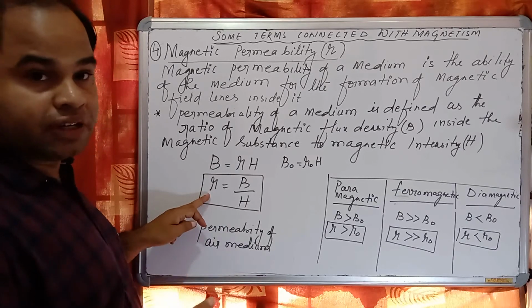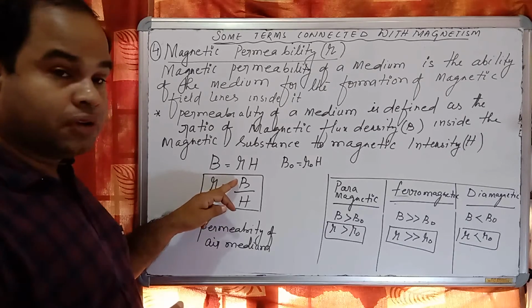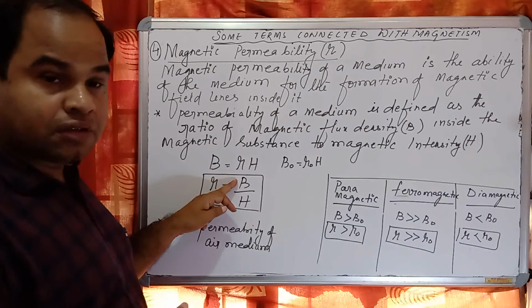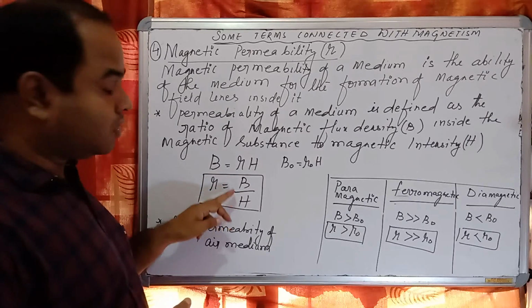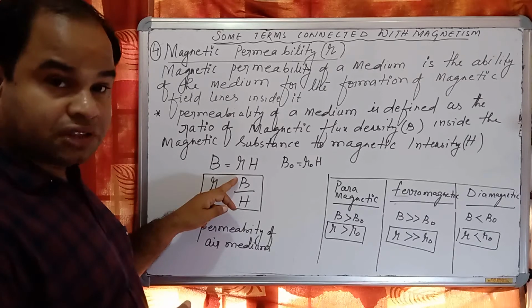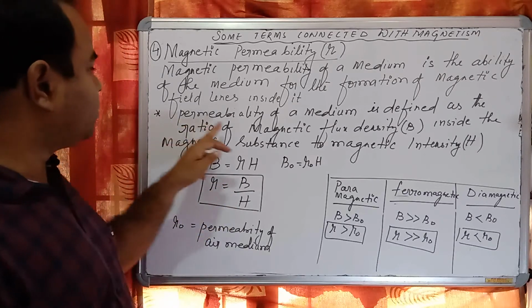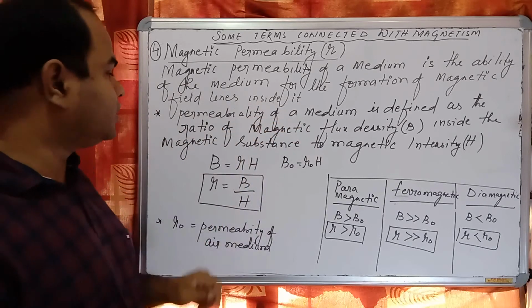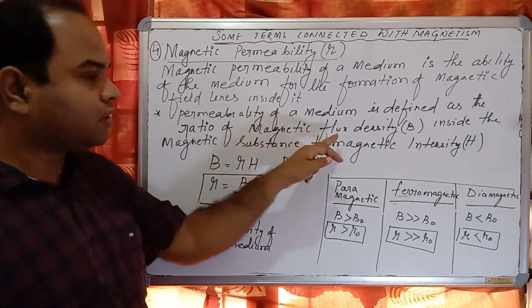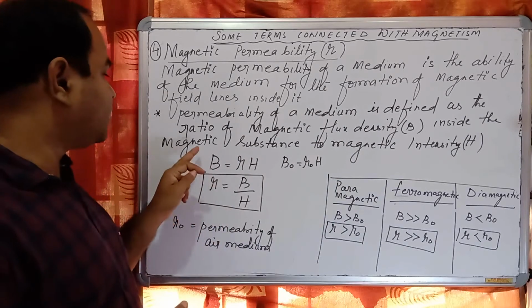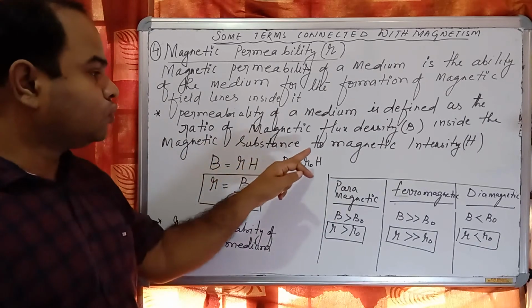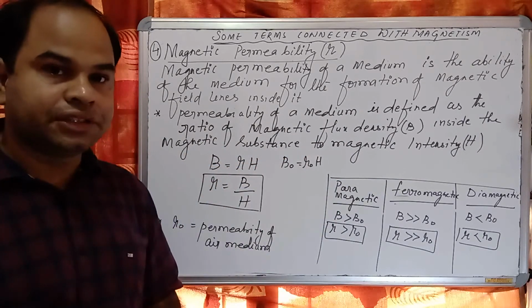So permeability of the medium can also be defined as the ratio of magnetic flux density to magnetic intensity. Permeability of a medium is defined as the ratio of magnetic flux density B inside the magnetic substance to the magnetic intensity.